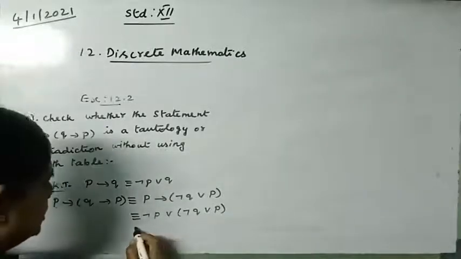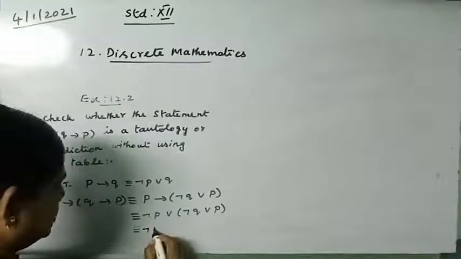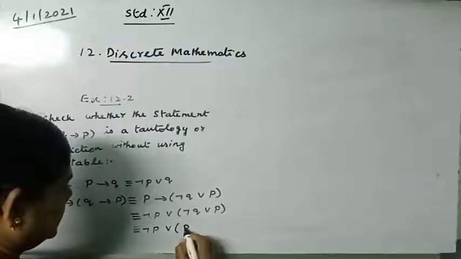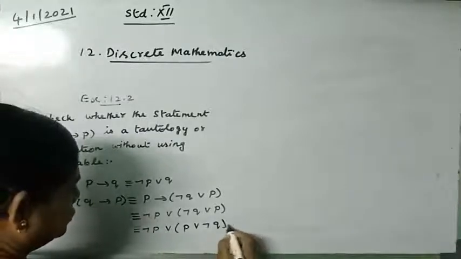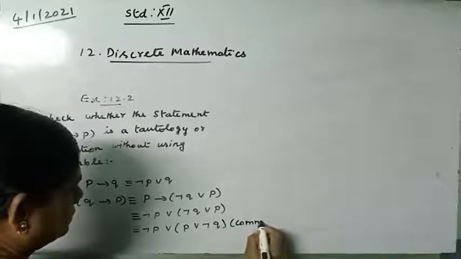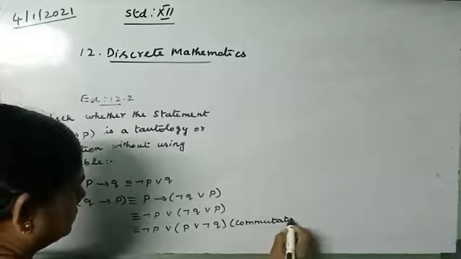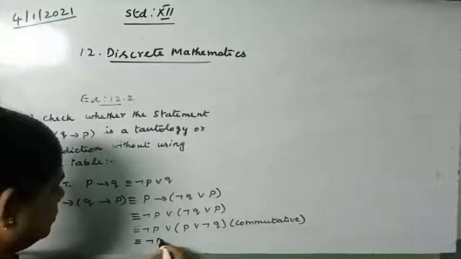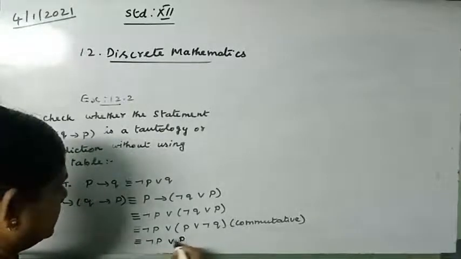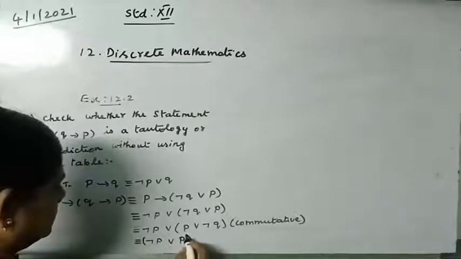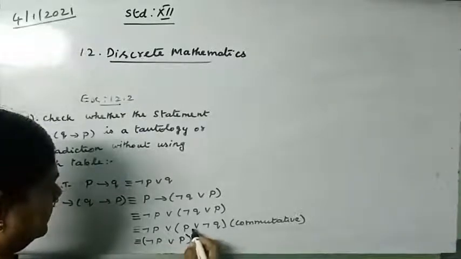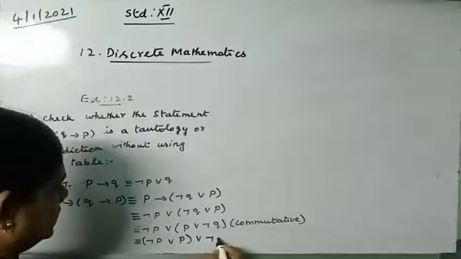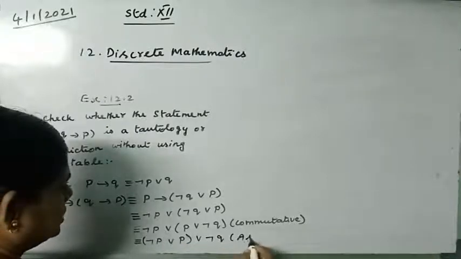First use commutative law: negative of P or negative of Q, that is commutative law. Now use associative law: negative of P or negative of Q, associative law.